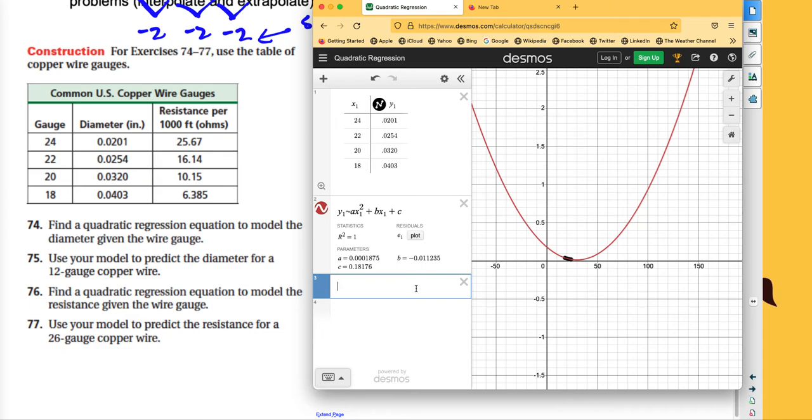So 0.0001875 times 12 squared, minus 0.011235 times 12, plus 0.18. These are such small numbers.